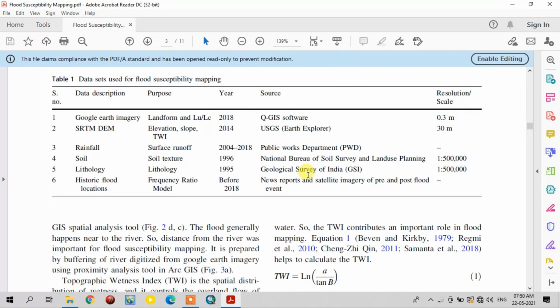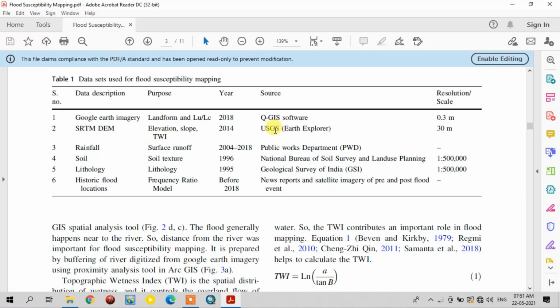Okay, now I will explain the data sources. See, Google Earth images I have used for landform and land use mapping. This is 0.3 meter resolution. SRTM DEM I have used for elevation, slope and topographic wetness index.